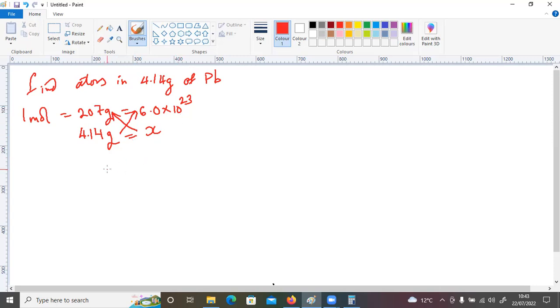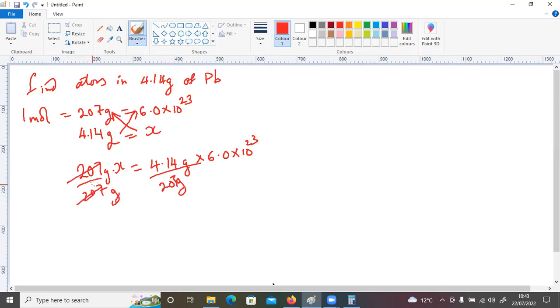This gives us 207 grams multiplied by x is equal to 4.14 grams multiplied by 6.0 times 10 to the power 23. I divide by 207 on the left hand side, and I divide by 207 grams on the right hand side. So on the left hand side, this one goes, and I'm left with x, and gram and gram go.